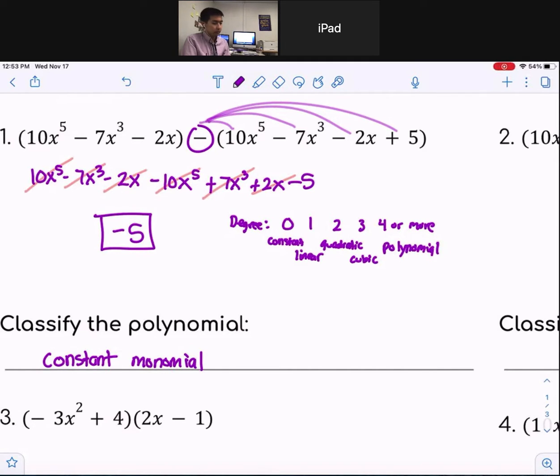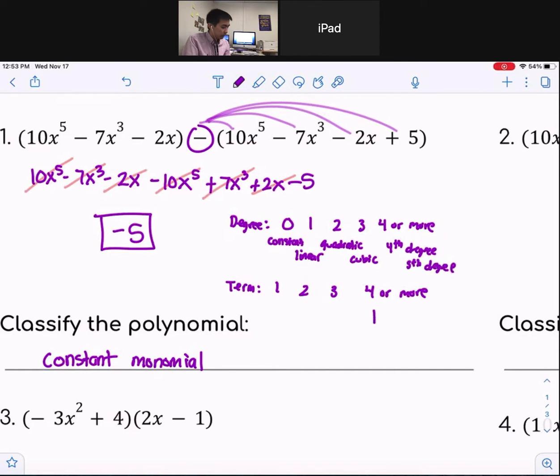Now, when we classify by number of terms, it's 1, 2, 3, or 4 or more. For degree 4 you just call it fourth degree, and if it went higher, fifth degree.